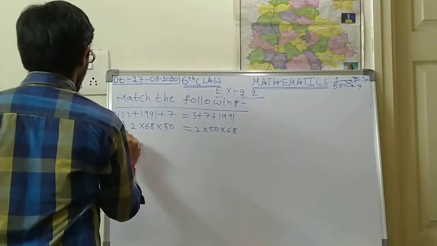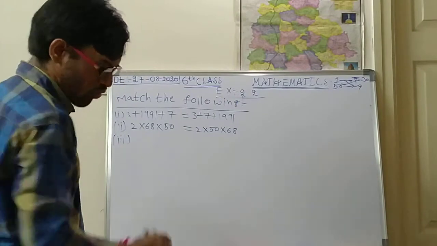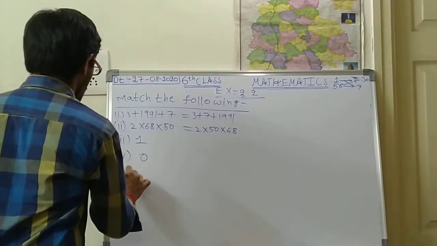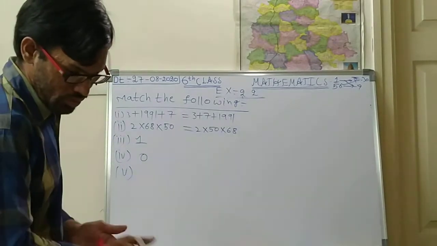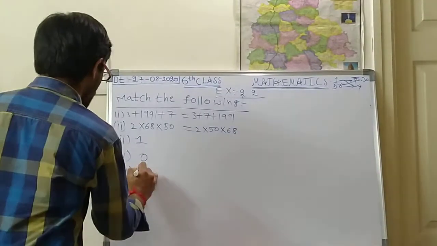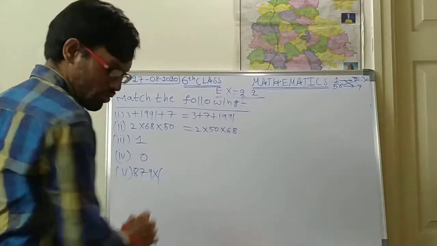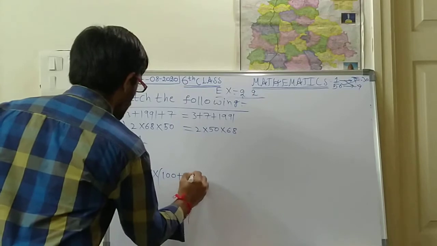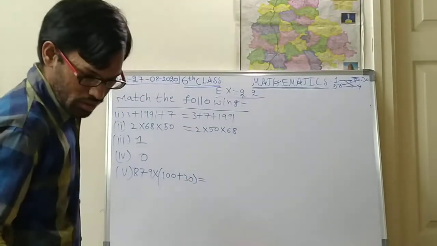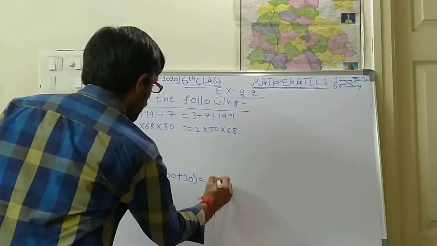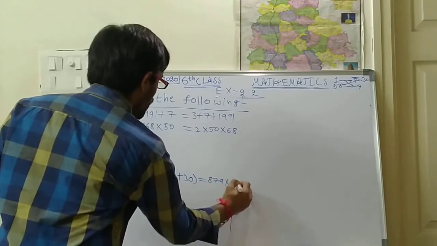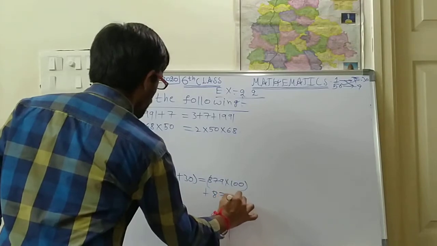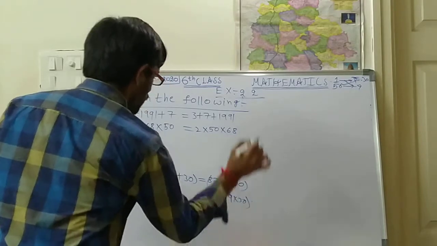Next, third one, 1, fourth one, 0, fifth one, 879 into 100 plus 30 is equals to 879 into 100 plus 879 into 30. These are the 5.